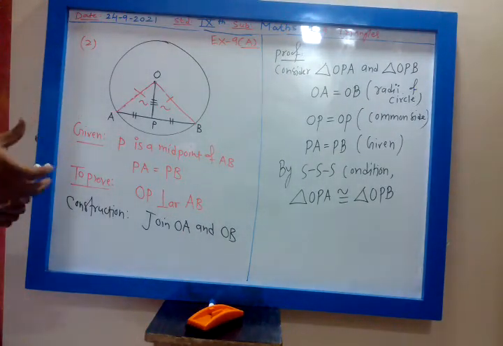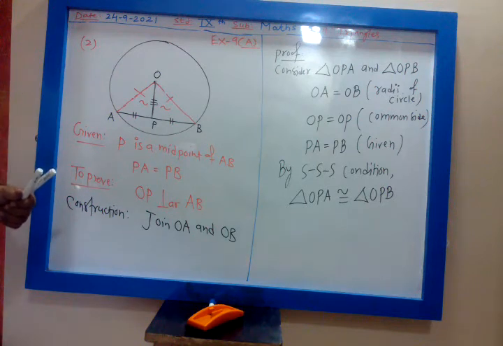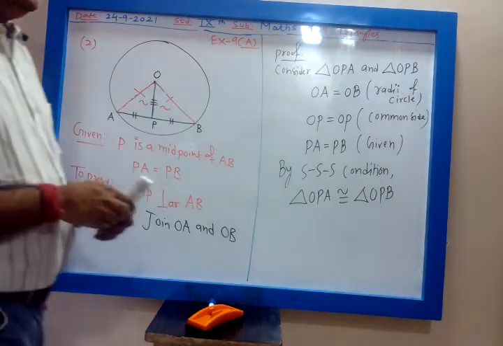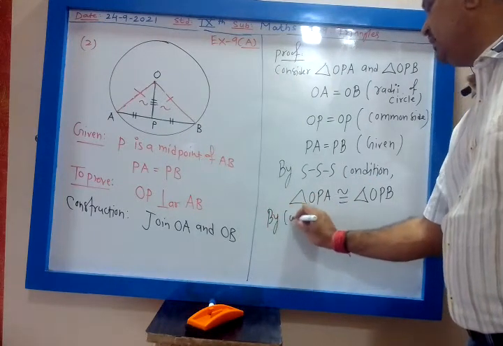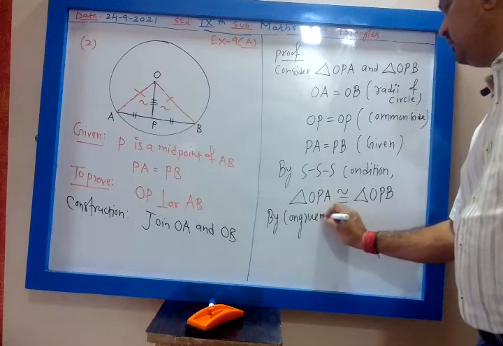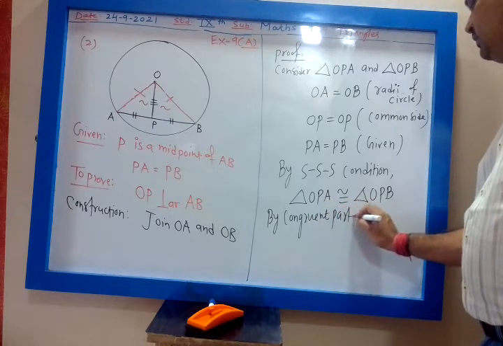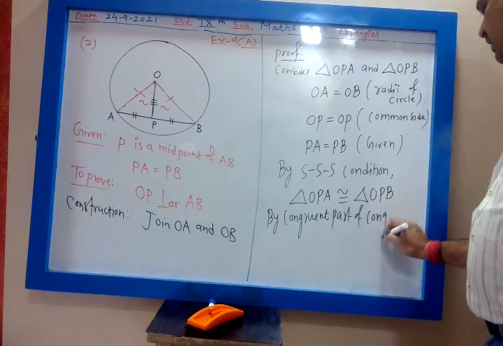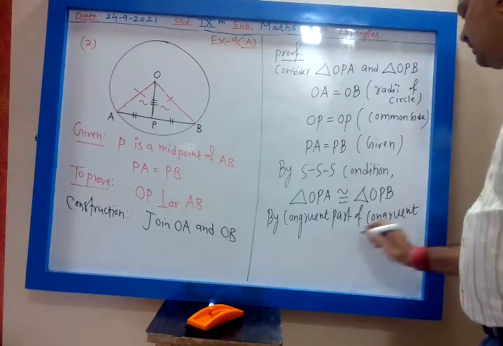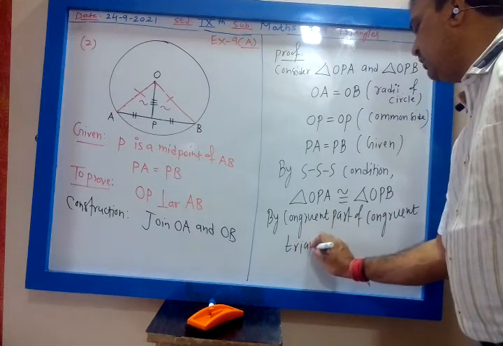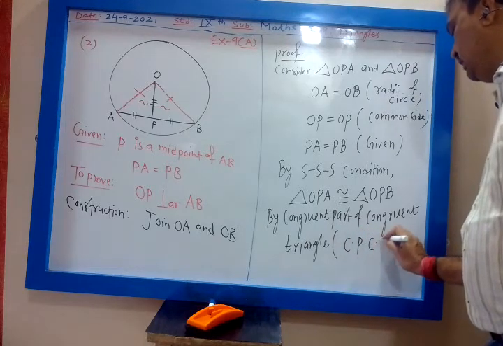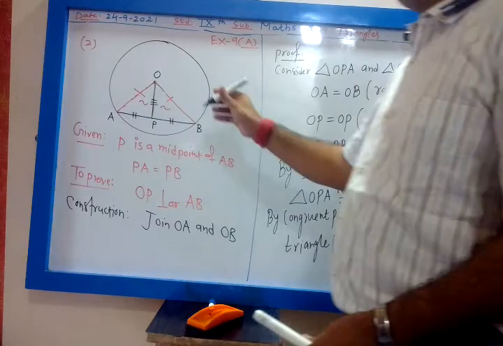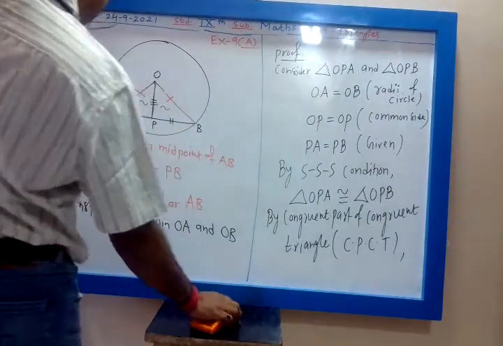Whenever two triangles are congruent, their corresponding sides and corresponding angles are also equal. So by CPCT, congruent parts of congruent triangles, the remaining angles and remaining sides are also equal.